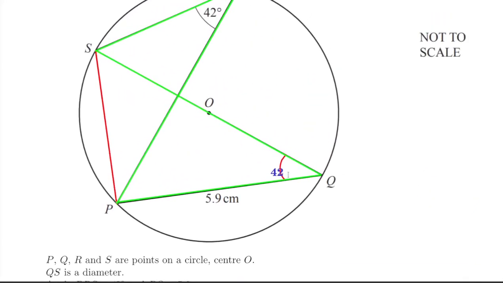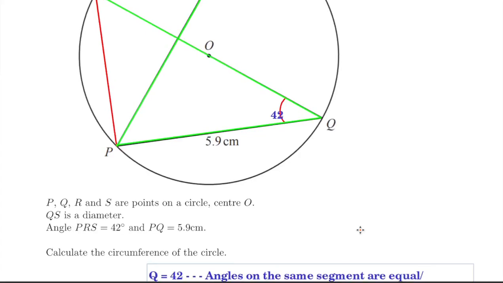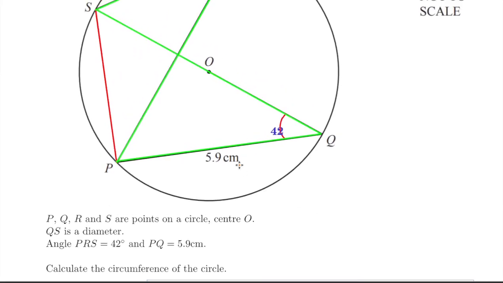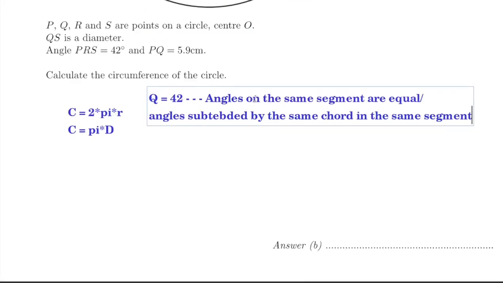Now that this is 42, we have the angle we are looking for, the diameter there, so we are going to use SOHCAHTOA. Now we have an adjacent side and the hypotenuse, so we are going to use cosine.